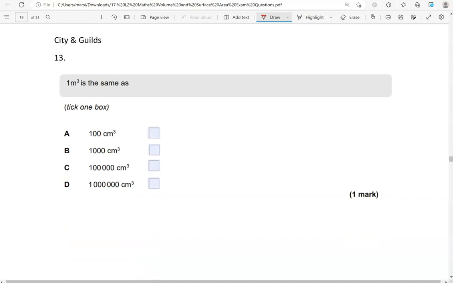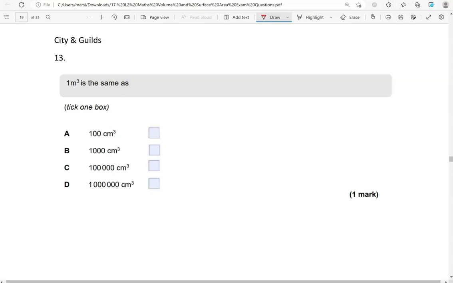One cubic meter is the same as 100 cubic centimeters, 1,000 cubic centimeters, 100,000 cubic centimeters, or 1 million cubic centimeters.